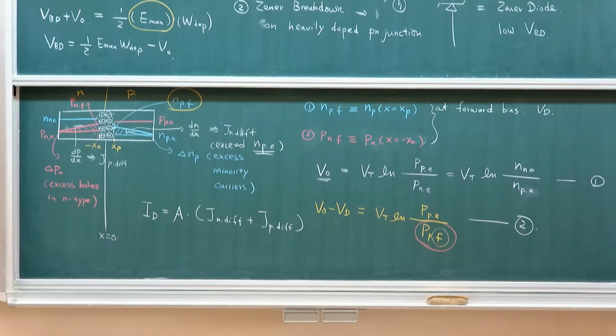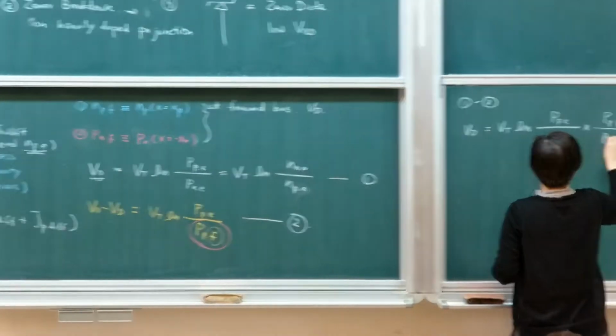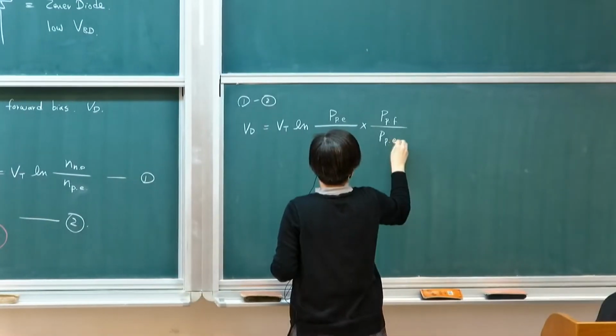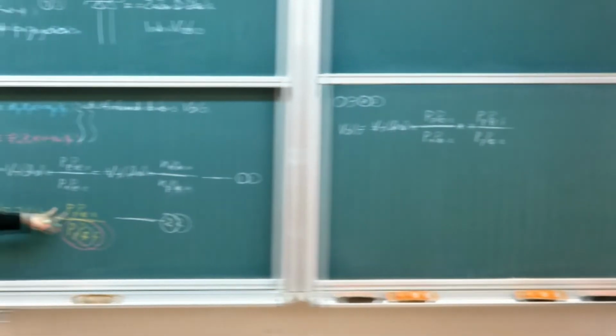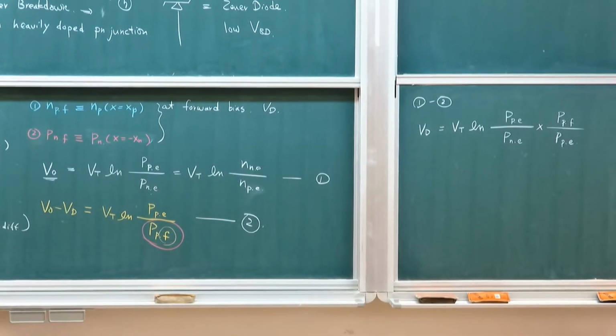If I'm doing holes, I'm just going to use the equation of holes. PNE times, I'm going to reverse that, PPF. Okay? If this minus this, I'm just reversing the ratio inside the natural log, right?